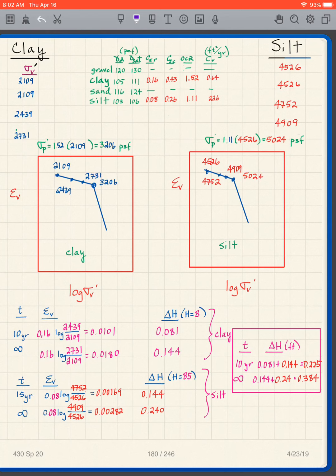Like I say, I'm not going to go through this because we've gone through it many, many times. You all know how to get the settlement by looking at these charts. But at the end, so I get the compression of the clay, that's the compression of the clay, are those two values at the different times, 10 years.